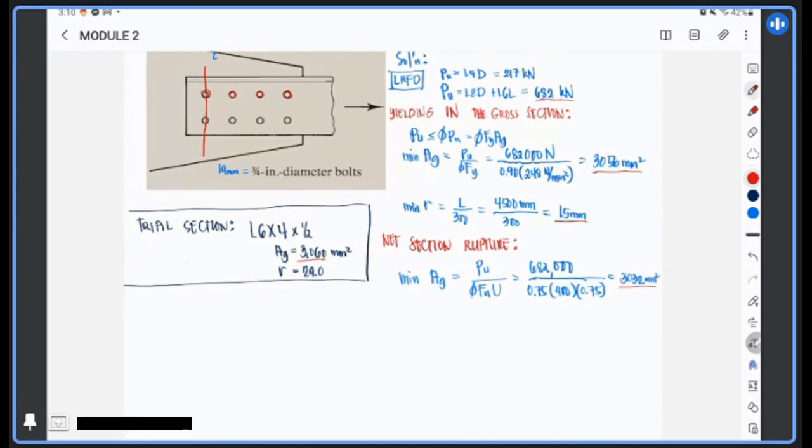So, investigate the trial section, which definitely passes for gross section yielding. For net section rupture, we estimated the minimum area. We have to check. So An is equal to the gross area minus the area of the holes.